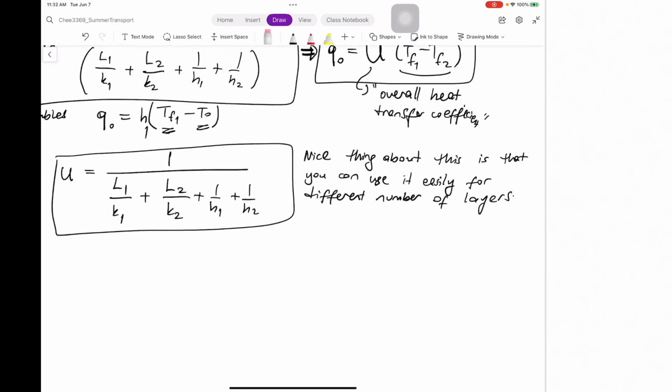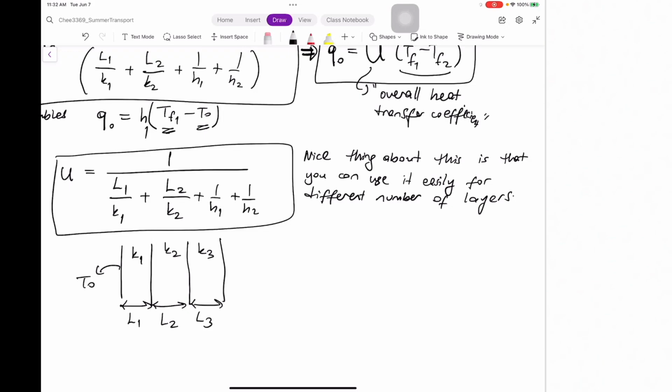So here's the schematics of how you can use it. So for example, imagine that you have T0 here. You don't have any fluid on the left. Imagine that you have a material with K1 with a thickness L1, another material K2 with a thickness L2, another material K3 with a thickness L3, another material K4 with a thickness L4.